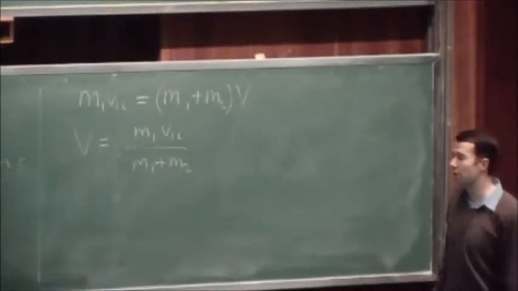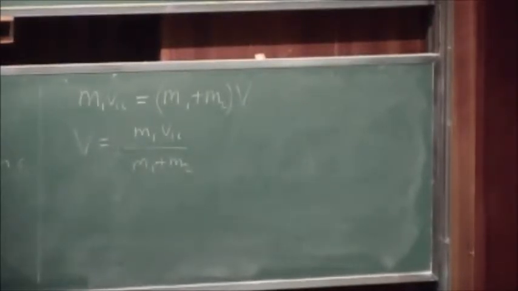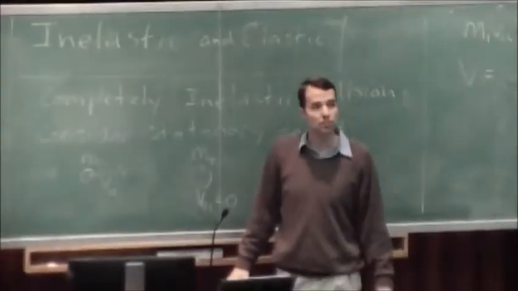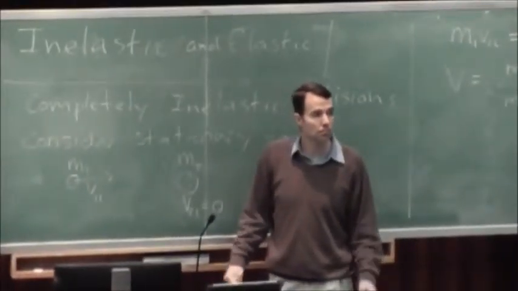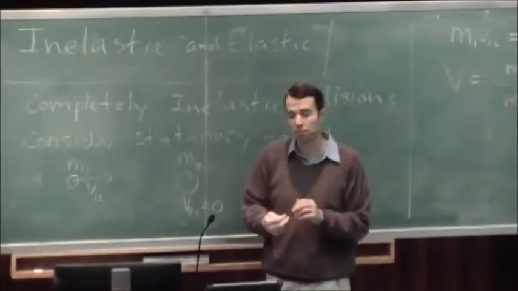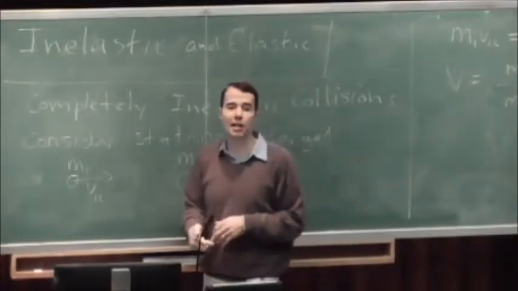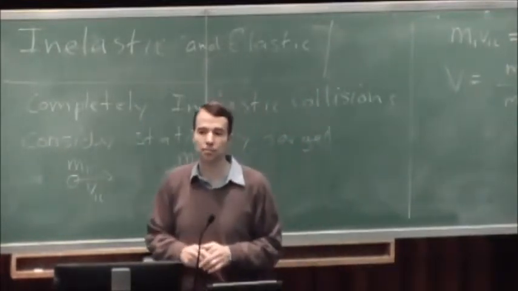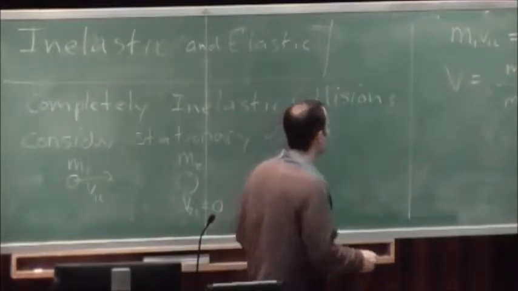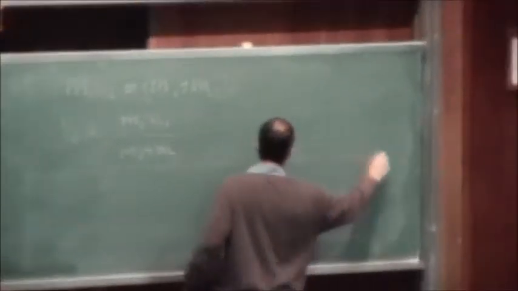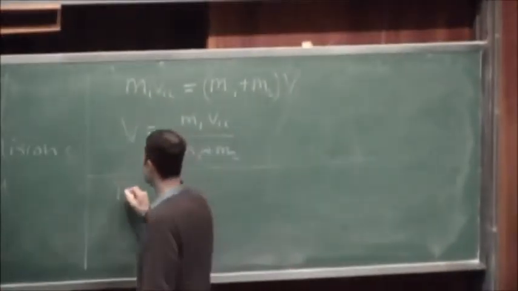Now, if I were to take the velocity of the center of mass here, what would the velocity of the center of mass be? How do I find the velocity of the center of mass? Let's just look at it before the collision.